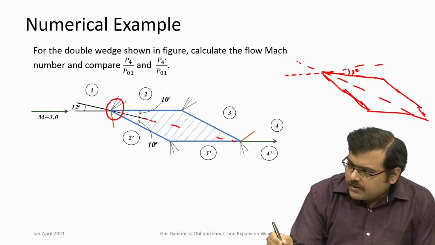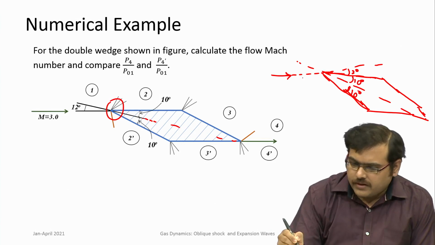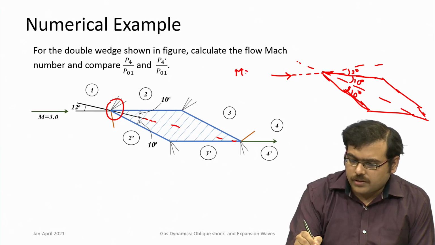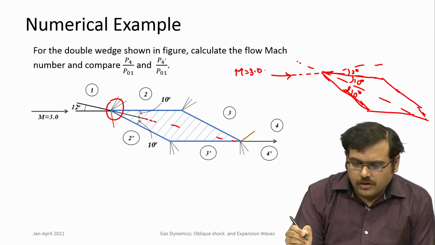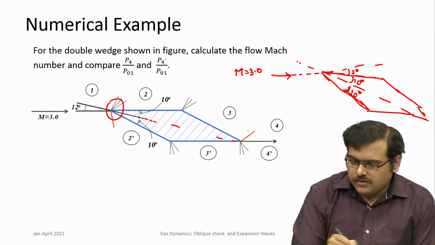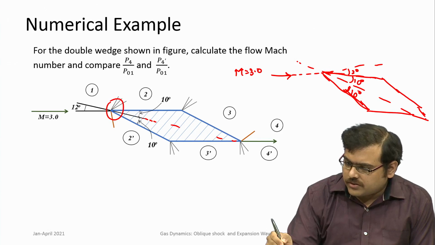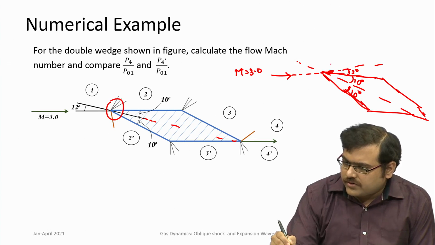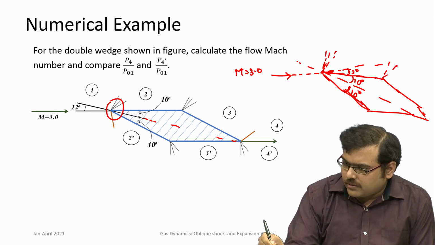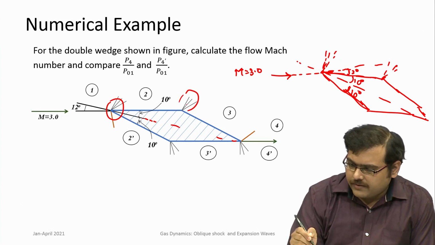So, this is 10 degrees symmetric, and you have Mach number equal to 3.0. What we are interested in is the wave structure. It has to be like this, because there is a flow turn away from the flow direction here by 2 degrees. So, you have expansion fans here, and this flow again turns away, another set of expansion fans.